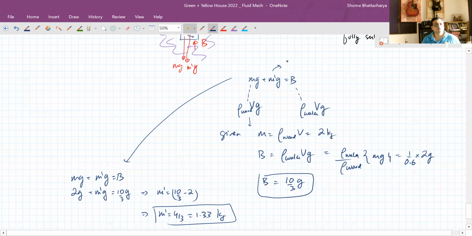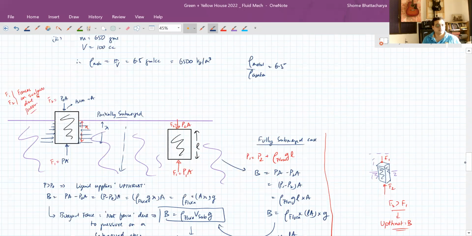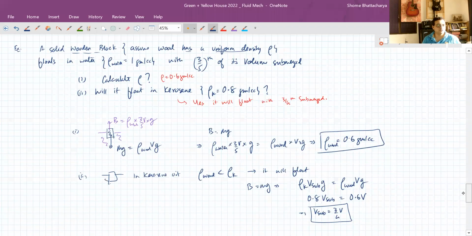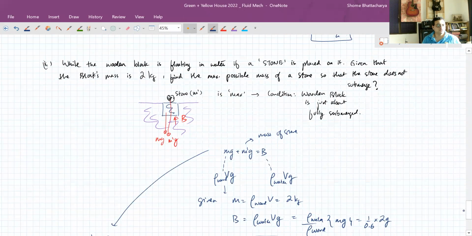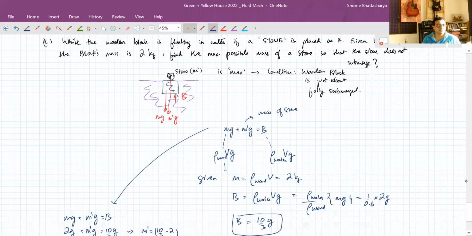M prime is the mass of the stone. So in the limiting condition that the stone is fully submerged, this is what happens. I mean, the wood is completely submerged and the stone is just about safe from the water.